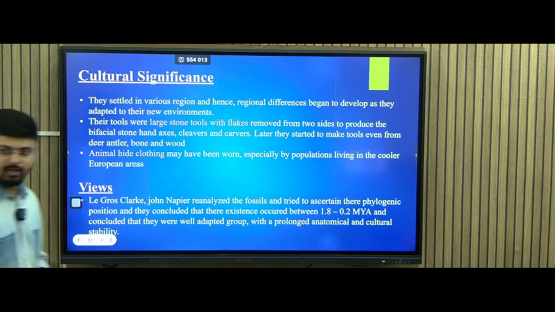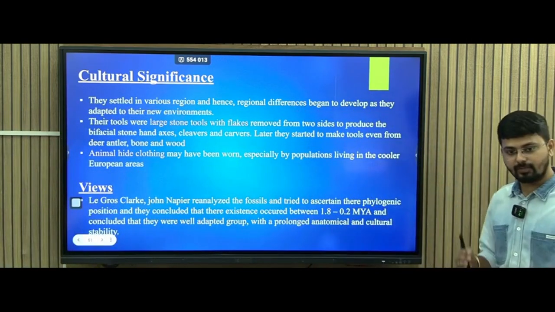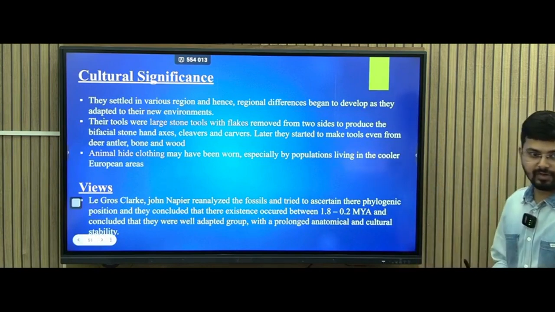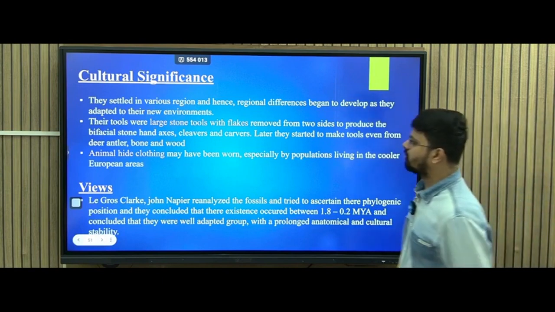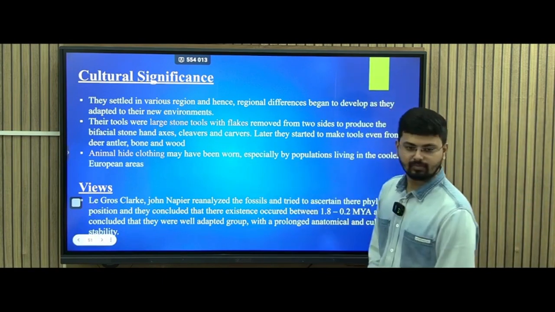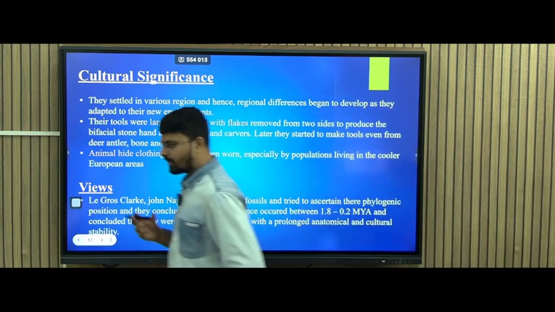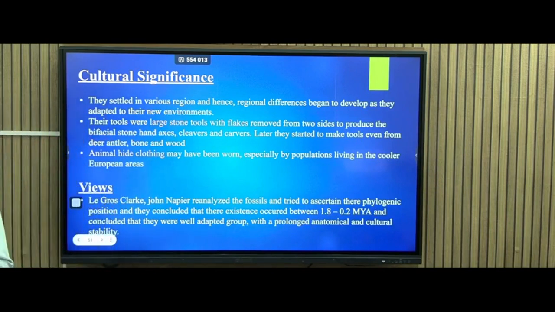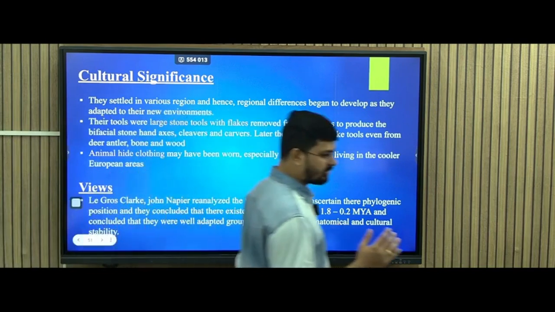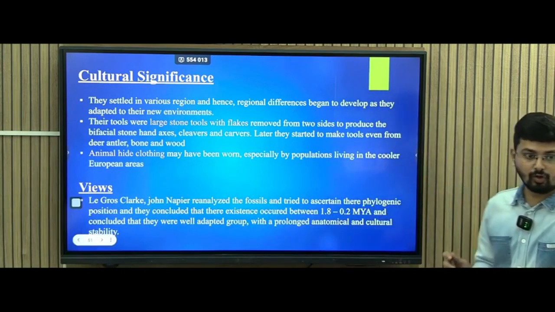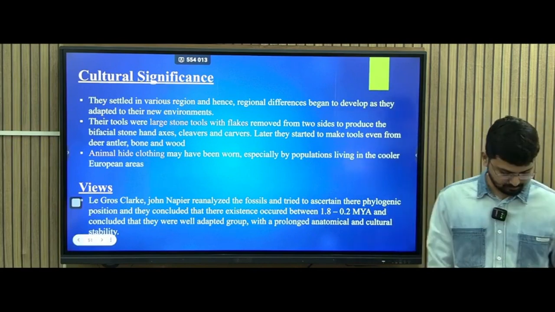We have seen it with respect to Asia, Africa and Europe; at different places they used different kinds of tools. Large stone tools with flakes are noticed, and they started refining the tools. Instead of a single face, they started making bifacial hand axes also. Yesterday I showed you. So hand axes have been seen.